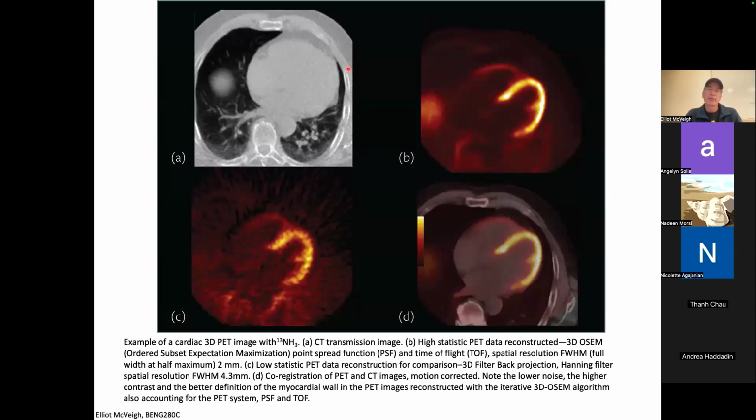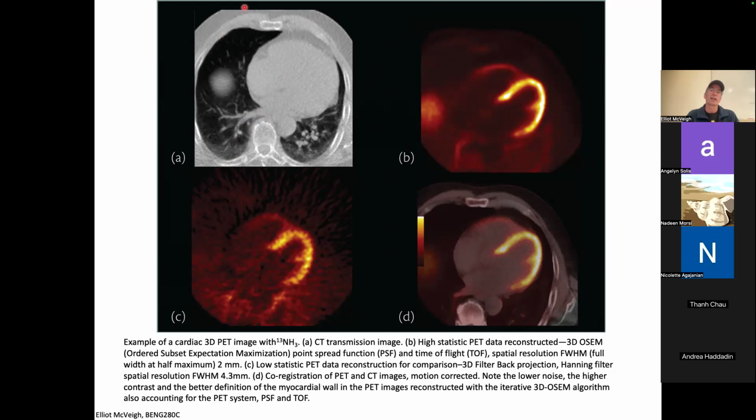So here's an example. Here's the CT that's done at the front end of the PET scanner. It's a non-contrast CT. As we see, there's no difference between the blood and the myocardium because we haven't injected a contrast agent. We just want to know, if I draw a line of response like this, what is the total amount of stuff that I have to get through, right?